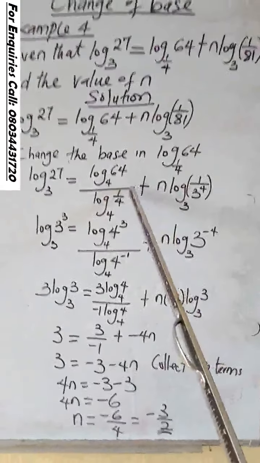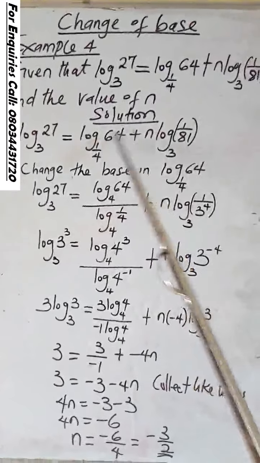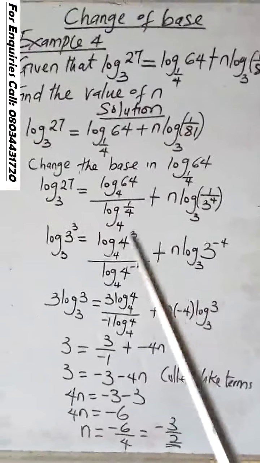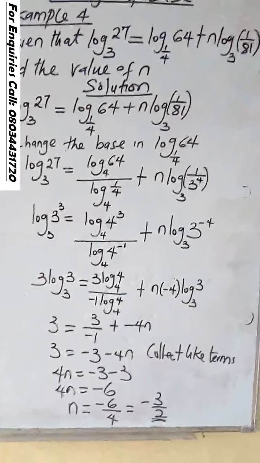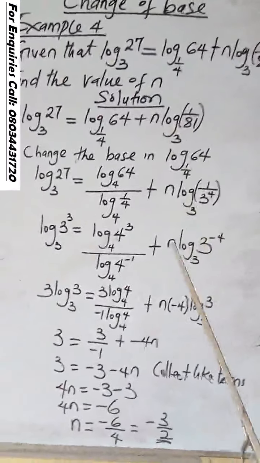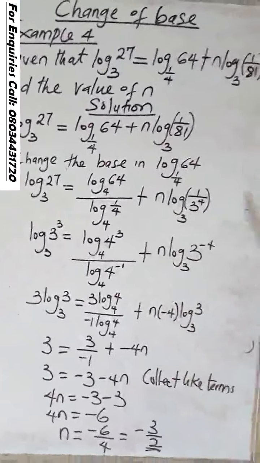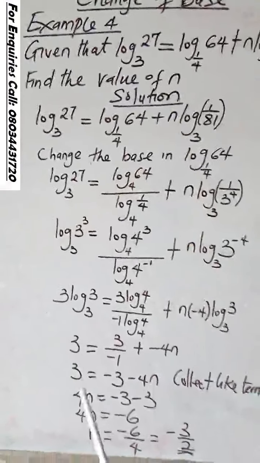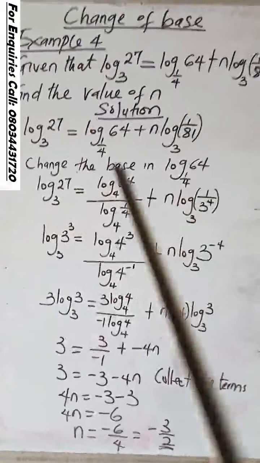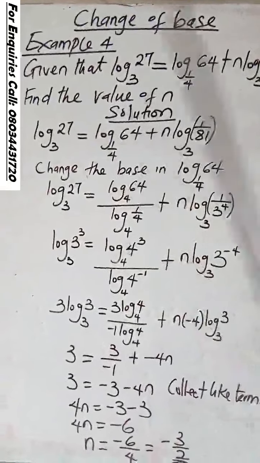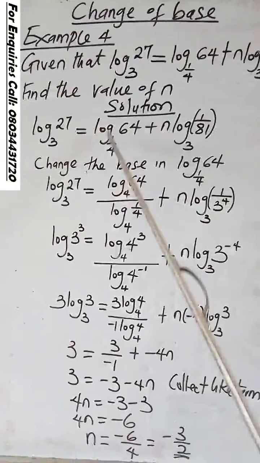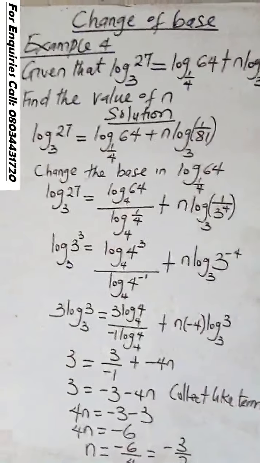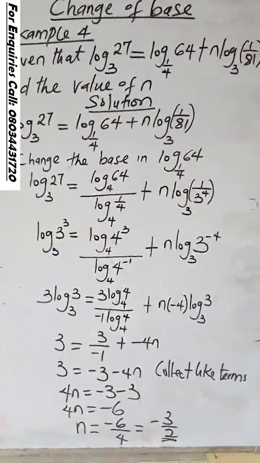Hope you know what happened there. We pick a new base. Remember what I said: if you are picking a new base, pick the one that is convenient to solve. You find out that 4 is convenient to solve with 64. So I will use 4. And the old base is 1/4, so the only thing that we can use will also be 4.